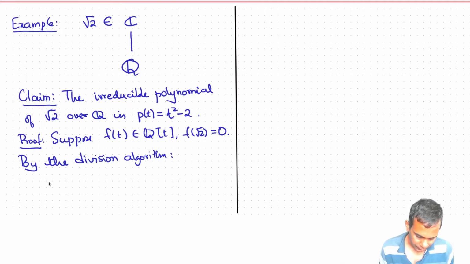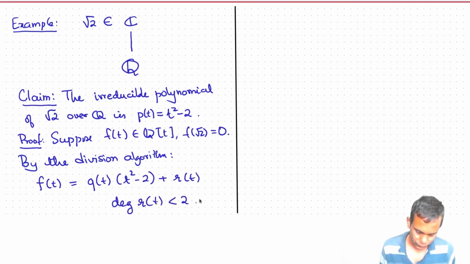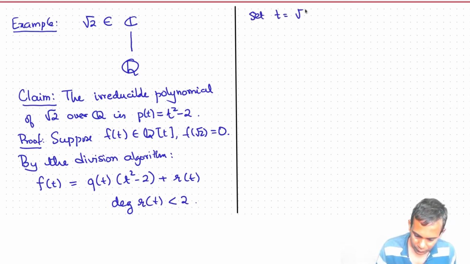We have that f(t) is q(t) times (t squared minus 2) plus r(t), where r(t) is some polynomial of degree less than 2, the degree of t squared minus 2. And now let's substitute square root 2, and what you get is 0.